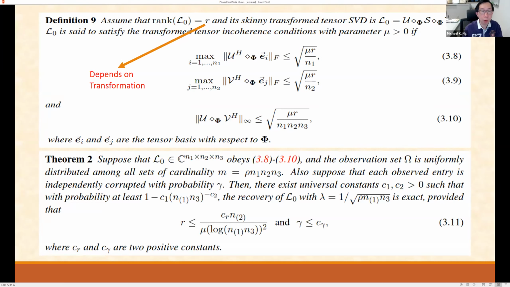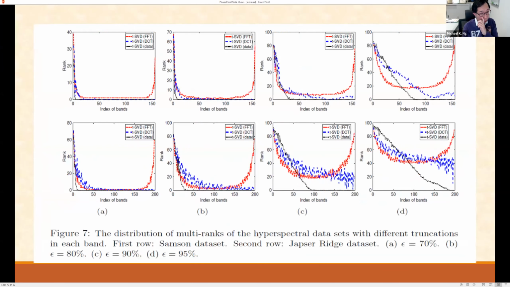But of course, the R for different transformations is different. This is the most important part. In some sense, it means that the constant C and R are different for different transformations. Here I show you a picture to demonstrate this.